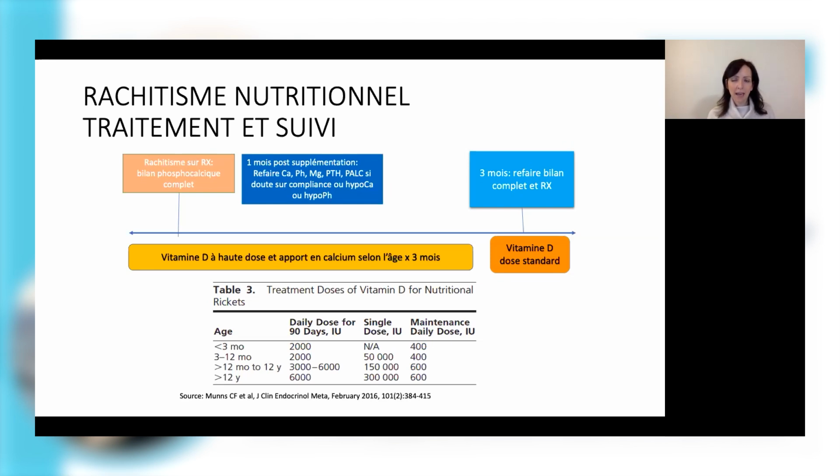So it can be painful, but it doesn't have to be painful for the diagnosis. Really, your diagnosis of rickets is based on your x-ray. You can only diagnose rickets on your x-ray, and then your blood test, history and physical help you identify what type of rickets it is.